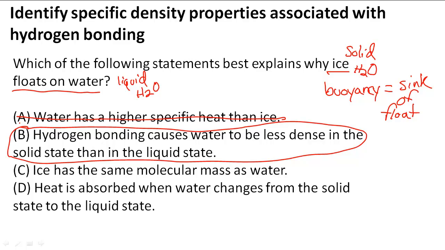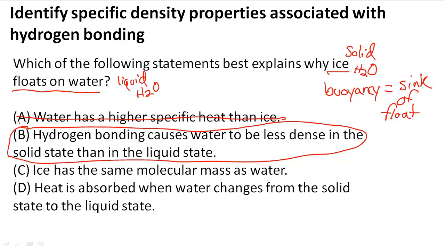So everything is hydrogen bonded when it's ice, and that makes a crystalline structure that is very big and open. So it's very open because of the crystalline structure created by the hydrogen bonds, and this makes it less dense than its liquid state.